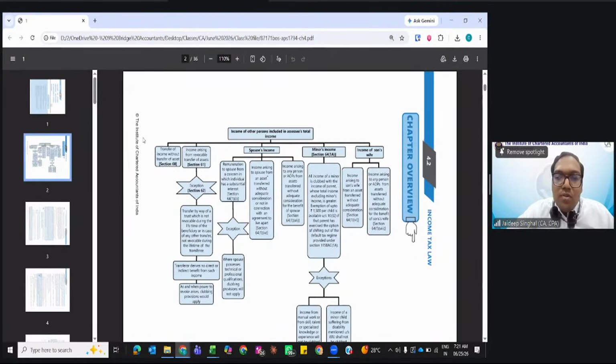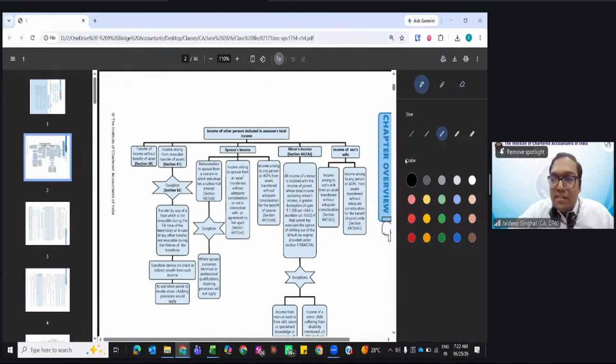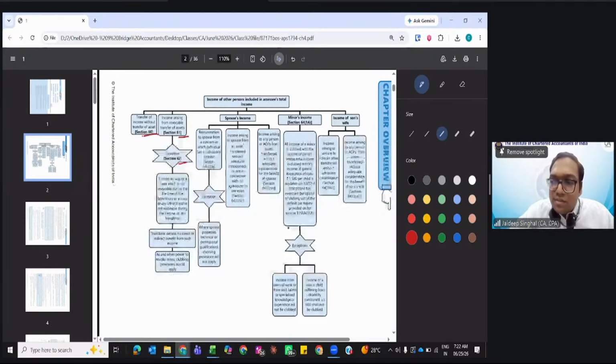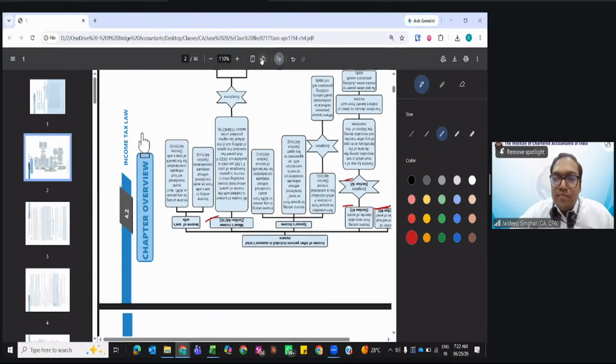Here, section number 60, then section 61, then 62. 63 is not specifically mentioned here, it will come. Then it is 64 1A, right? Once we are done with the concepts, you can easily refer to this chart. This is a good chart.